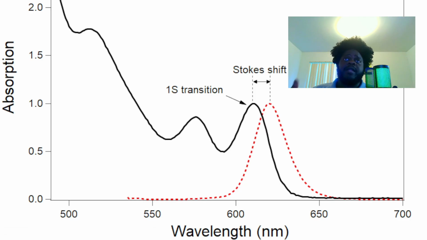Another question that they asked was, is there a finite limit, or what controls how broad or narrow these peaks or spectral features can be? And yes, there is something that controls how broad or narrow they can be. There are various types of broadening that can happen in these spectra, and they're called inhomogeneous and homogeneous broadening.